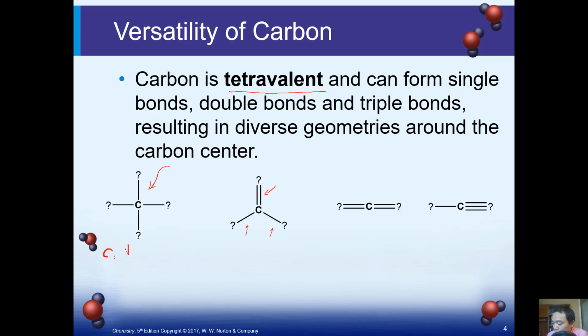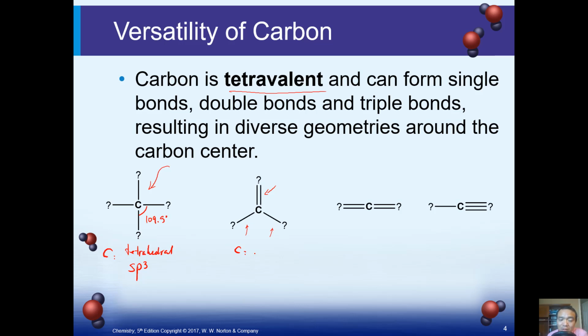This gives a tetrahedral geometry, and since there are 4 electron groups, the hybridization is sp3. For the bond angle, notice that it is not 90 degrees because this is a tetrahedral shape rather than a square planar shape. So this is actually 109.5 degrees.